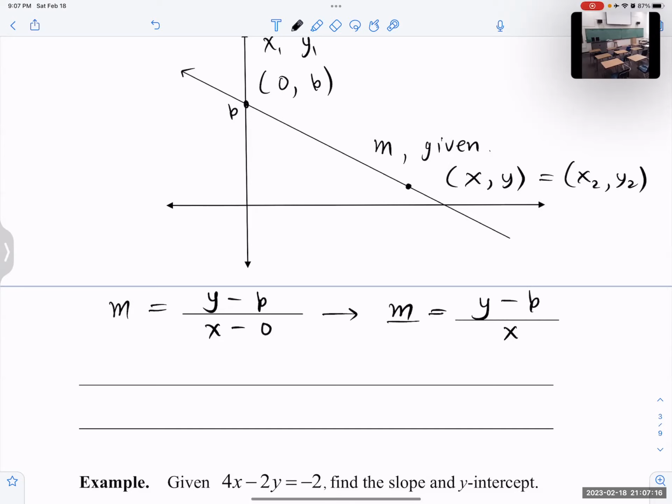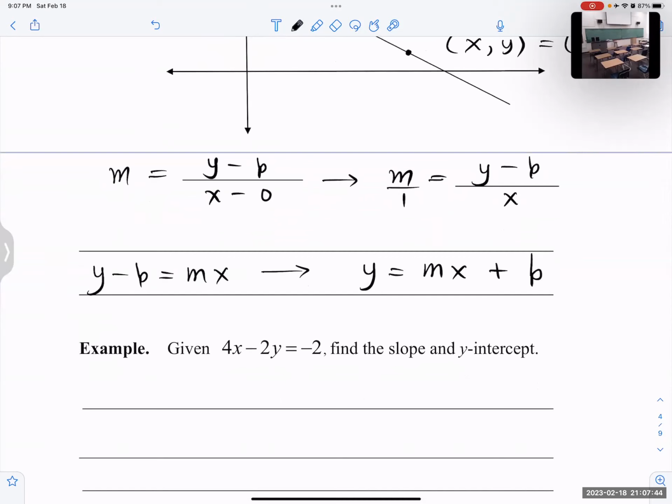Again, m is over 1, so we can diagonally cross multiply, and we get y minus b times 1 equals m times x, and that gives y equals slope m times x plus the y-intercept b.